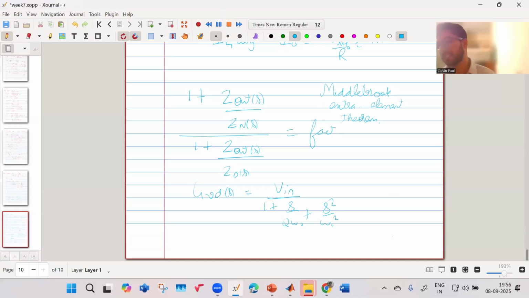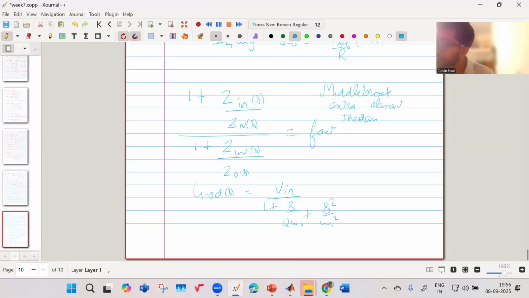And this is Z out of S or Z in of S? It should be Z in of S, the input impedance of your buck converter. So this is your original Gvd of S.